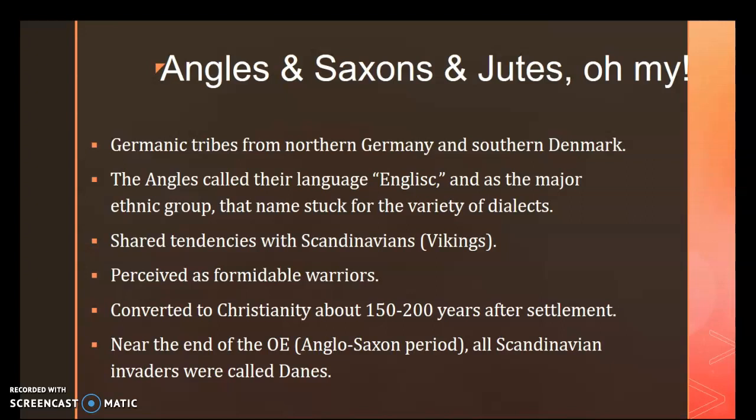Danes is a term you've probably heard of before. So, all of this to say that within the space of a few hundred years, the Angles, the Saxons, and Jutes developed a distinct identity from those Germanic people remaining on the continent.